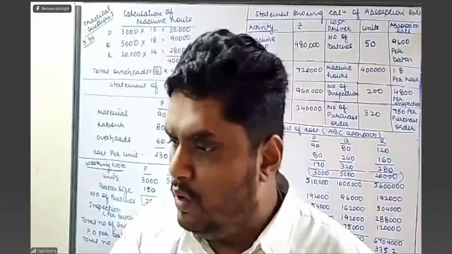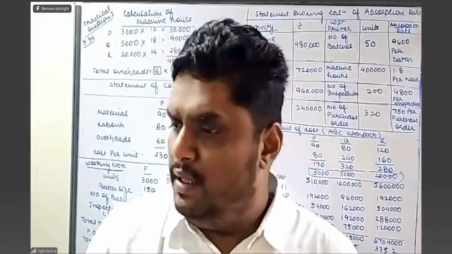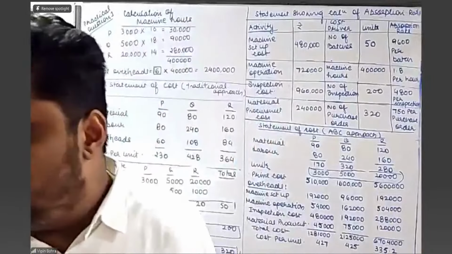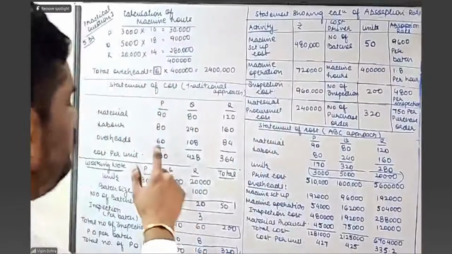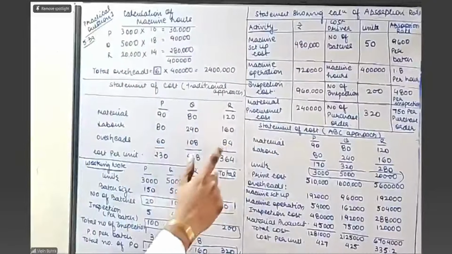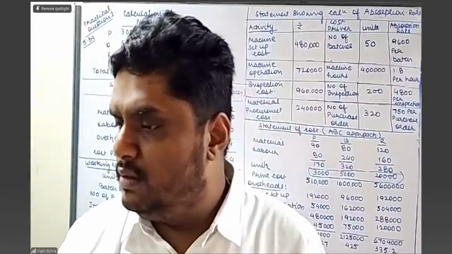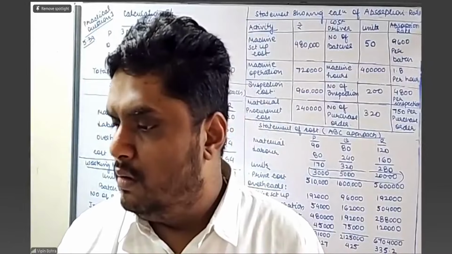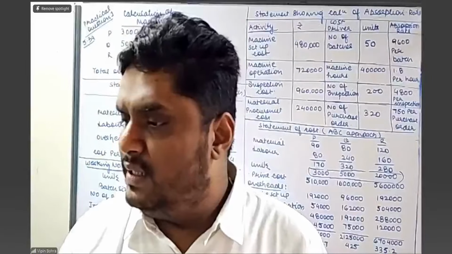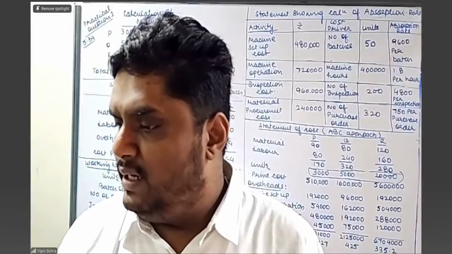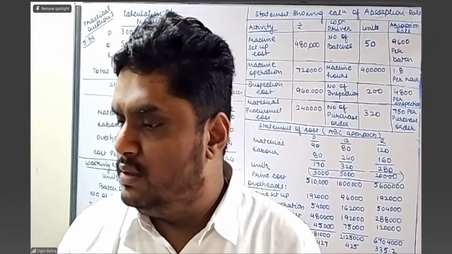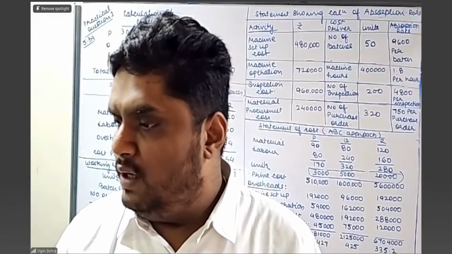Okay, Riddhi Rabari, how did the overheads come to 60, 108, and 84? I think you guys are talking about these overheads, right? Mustafa also has the same query. No worries, that's okay. I'm getting the same query from one or two students.